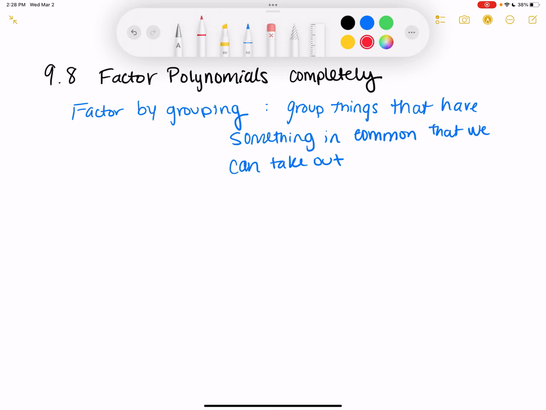So an example is if we have something like y squared plus 2x plus yx plus 2y.